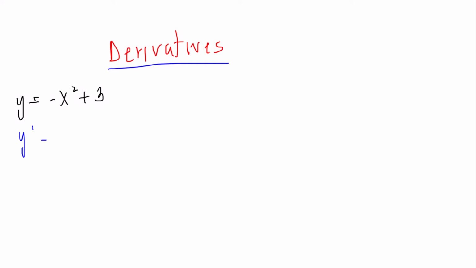The best way is to find the derivative of both terms of this function. So it's going to be d over dx of minus x squared plus d over dx of 3.